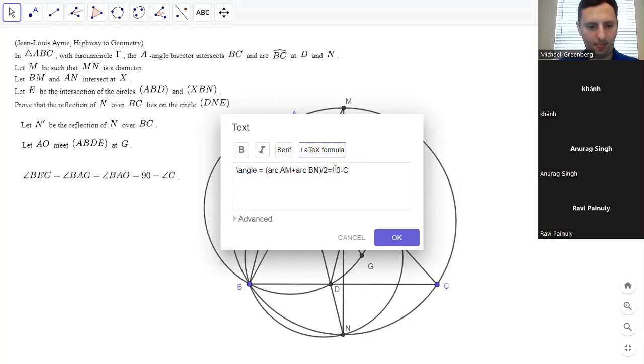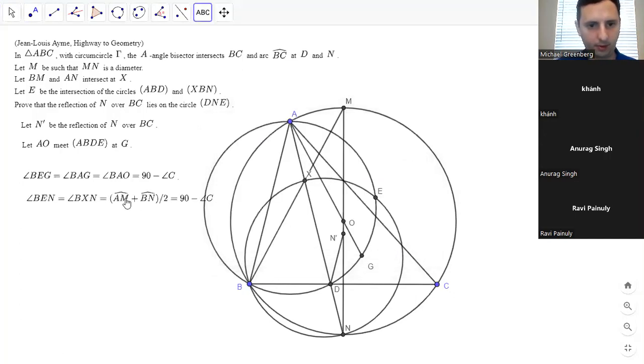Angle BEN equals angle BXN, which is equal to arc AM plus arc, and that's 90 minus angle C. Let me think about that a little bit.